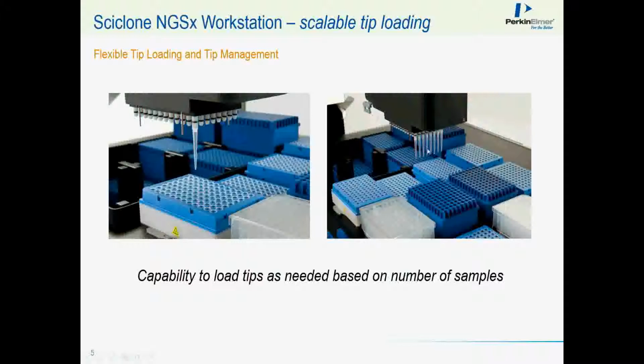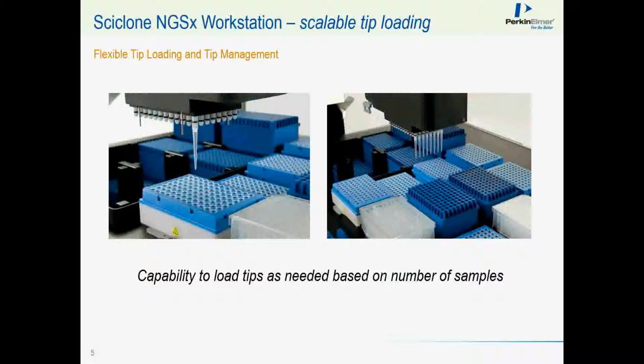So over here, you'll notice that there are 8 columns of tips, and then here you have a single column of tips. When we use 8 columns of tips, we sometimes use that to broadcast reagents to microplates. There are a lot of customers that don't want to run a full plate. They may run, for example, half a plate or even 2 columns of samples, which equates to 16 samples.